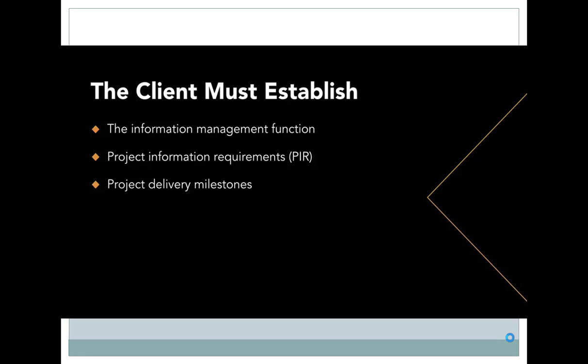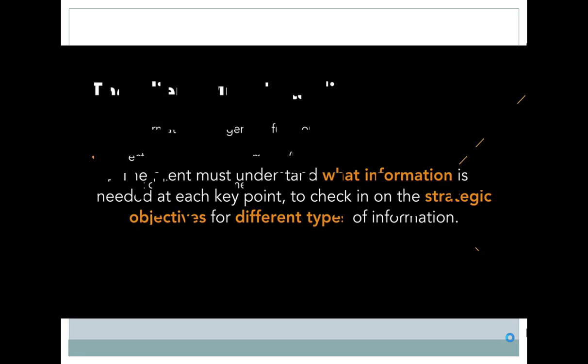Establish a project information requirement and delivery milestones. The client must understand what information is needed at each key point of the project to check in on the available strategic objectives for the different types of information.